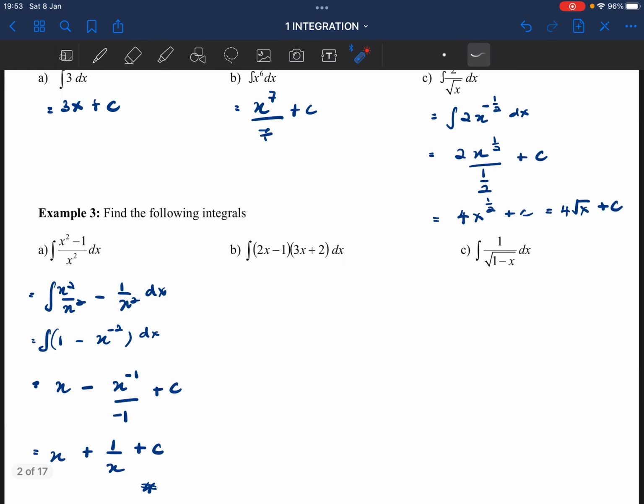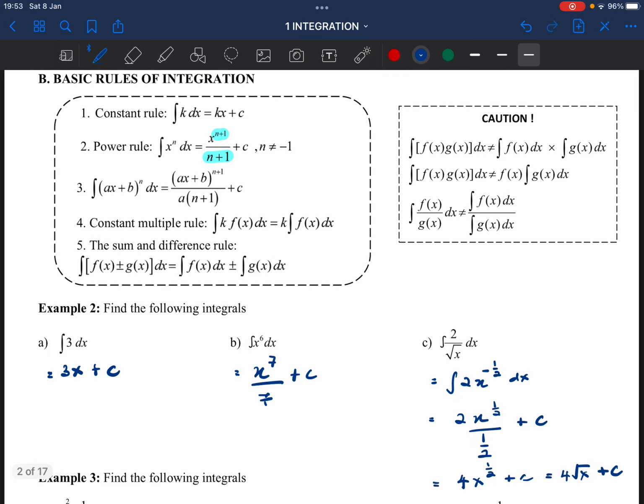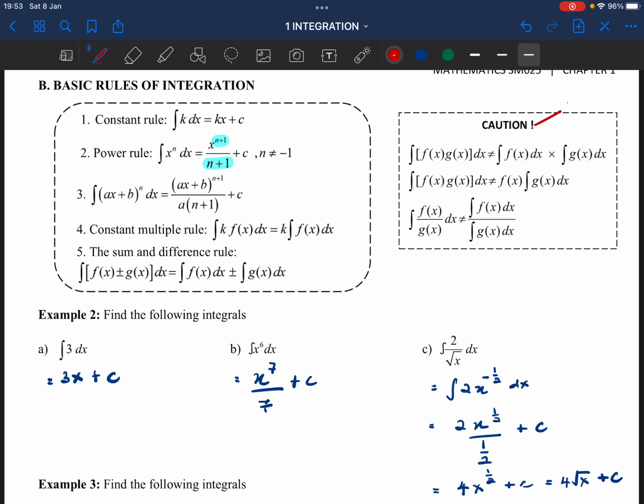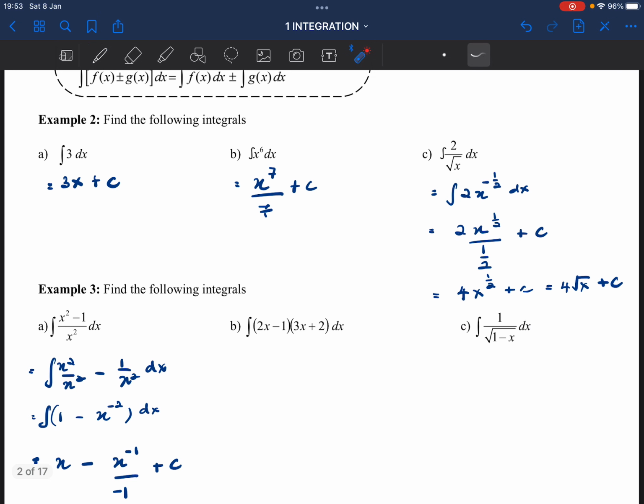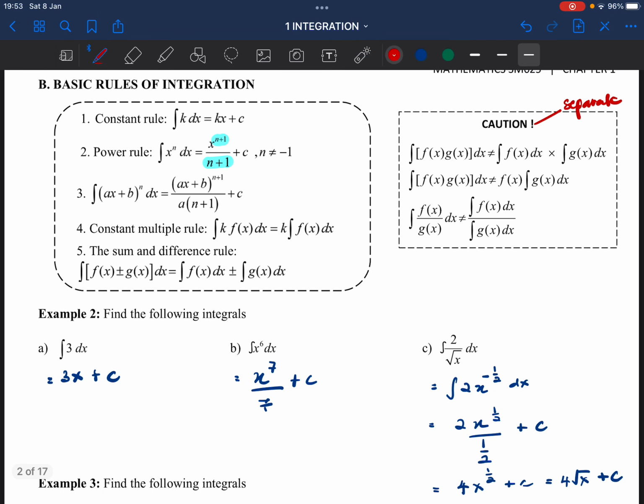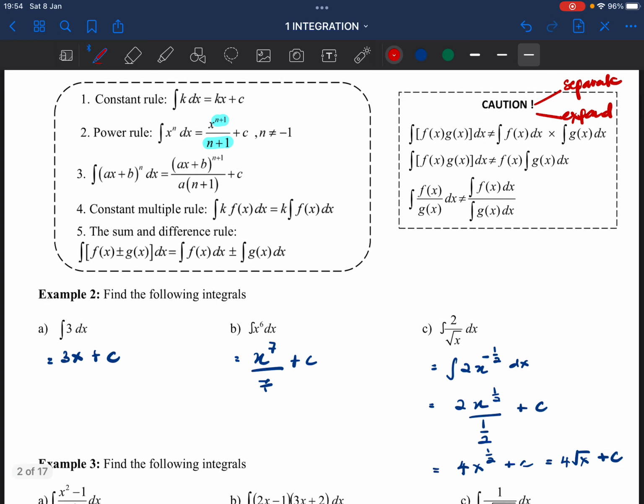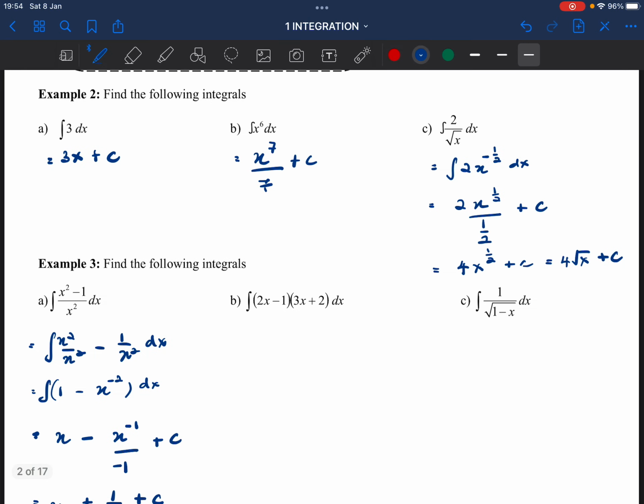Alright. So the same thing for this one, as I mentioned, you cannot integrate one by one. So the only thing that we can do here is to expand. If you have come across this type of question, you can separate as we did in the previous example, or you can expand. Expand or separate. So now we can expand this, which you will get 6x squared plus x minus 2 dx.